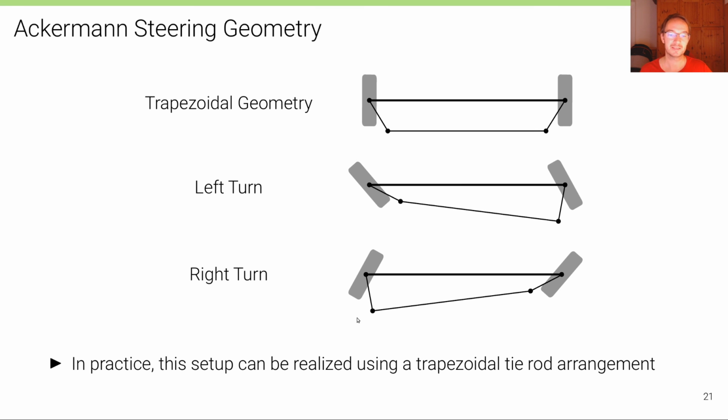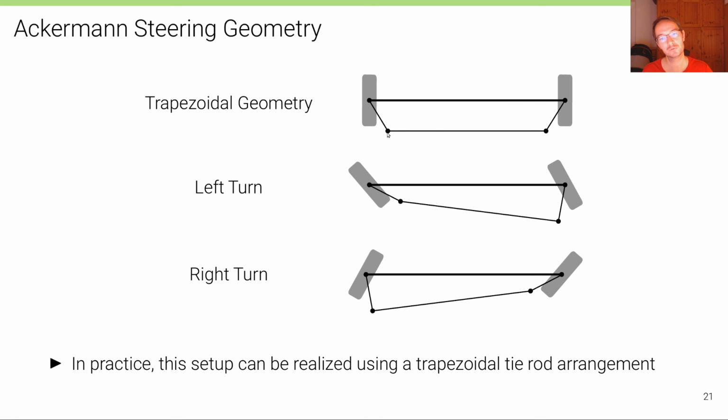In practice, the setup can be realized using a trapezoidal tie rod arrangement as illustrated here. Of course, the actual setup that's used in real vehicles is even a little bit more complicated than that, but it illustrates the matter of fact well. So you have this tie rod arrangement here, this trapezoid, that's used to steer the two wheels.